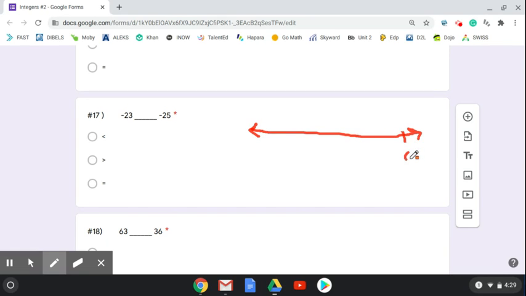Let's say this is 0 down here, and of course to the left of 0 are all your negative numbers. And let's say eventually we get to, I don't know, negative 10. Then this is like negative 20. Well, if I keep going to the left, I'm going to have negative 21, negative 22, negative 23. So let's say this is negative 23. Now I have negative 24, negative 25.